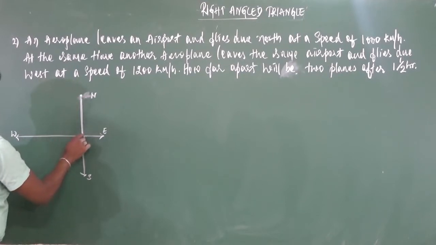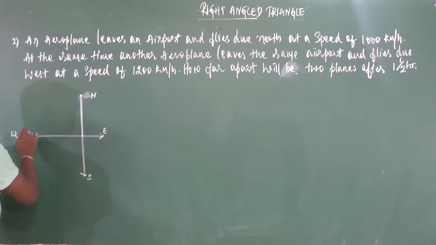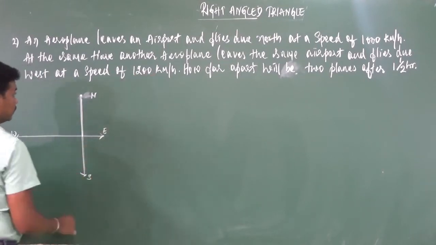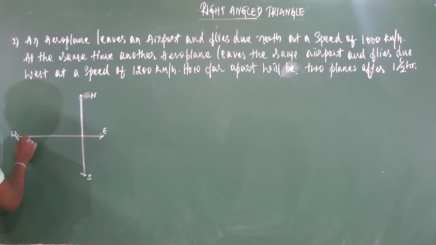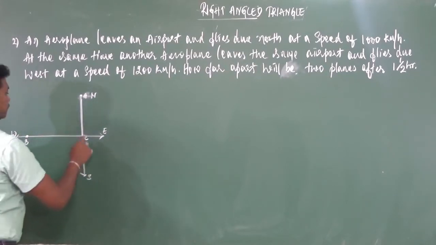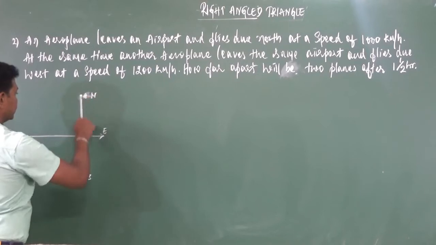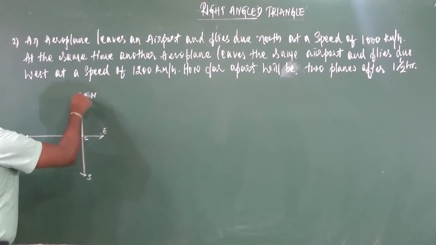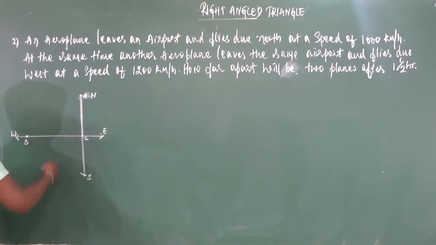Another aeroplane flies towards west at a speed of 1200 kilometers per hour, and let us imagine that it is here at this point. Let us call this point A, this point B, and this point C. Let us consider this as the first aeroplane and this as the second aeroplane.